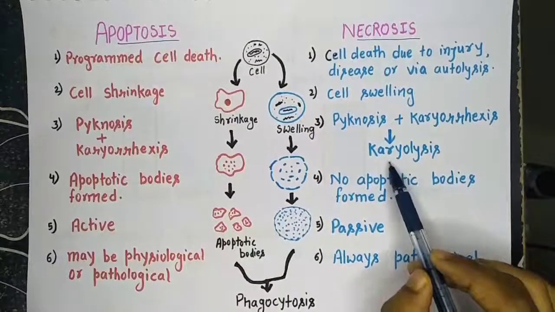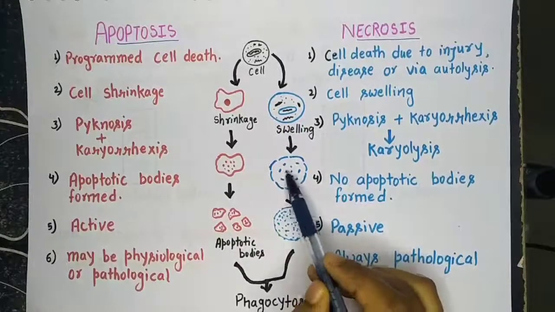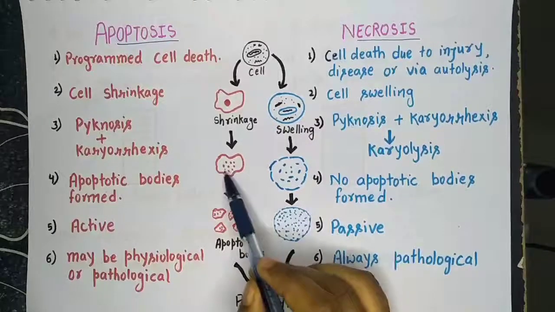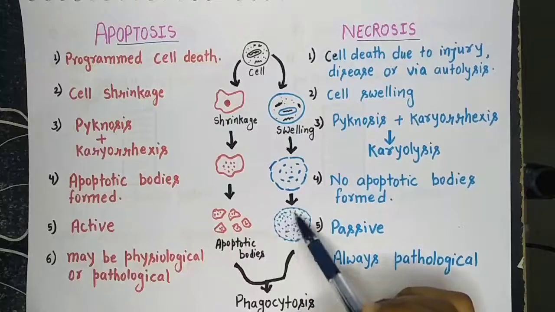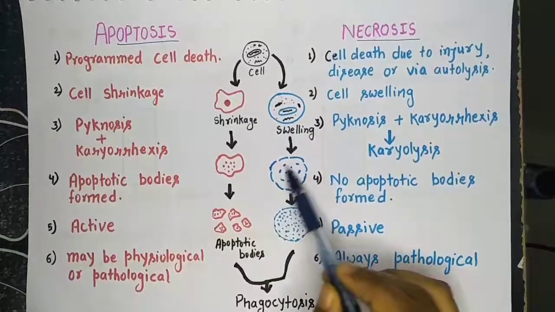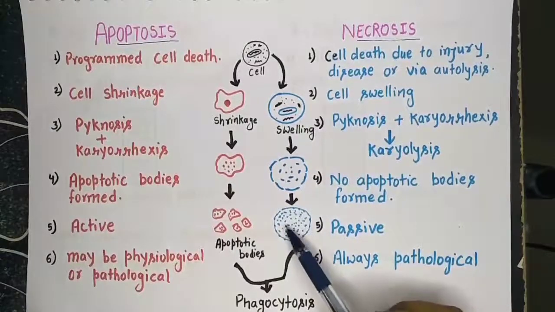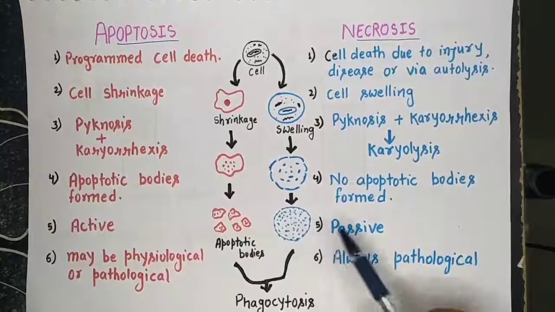Karyolysis means dissolution of the nucleus, like this. You can see in the photograph, this is karyorrhexis, meaning fragmentation of the nucleus, while this is dissolution of the nucleus. First, karyorrhexis occurs, then karyolysis. All the nucleus, all the material inside the cell dissolves itself, dissolution occurs.